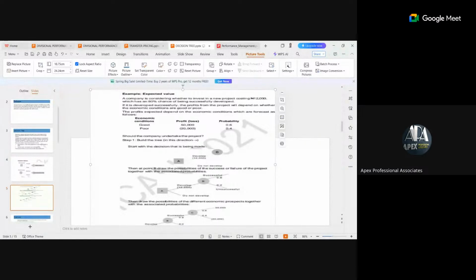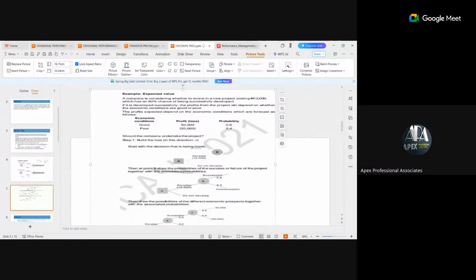It's stated in the question that it has an 80% chance of being successful. They will not tell you the reverse. So it's you that will determine the reverse. So in the questions we'll consider, they will just tell you that the probability of this happening is this. So the probability of it not happening will be determined by you, and it's not a big deal. It means the probability of being successful is 0.8.